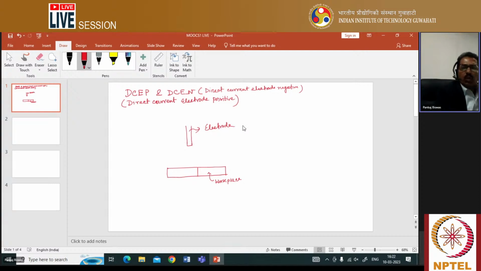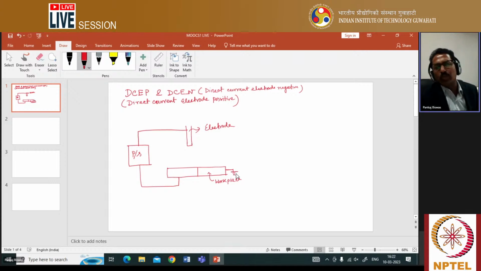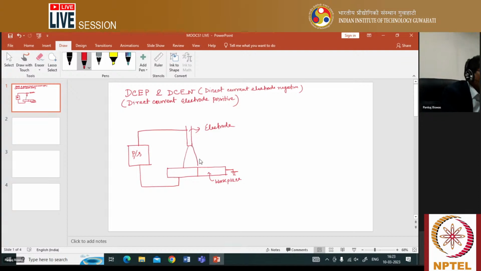Now you are very well familiar, generally to do the welding a power source is required. One terminal of the power source is connected with the electrode, another terminal is connected with the workpiece, and this base material or workpiece is also generally connected with earthing. That is very well known to you. I am not explaining this in detail again. Generally the arc is generated in between this electrode and workpiece.